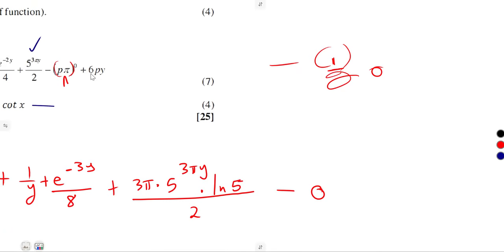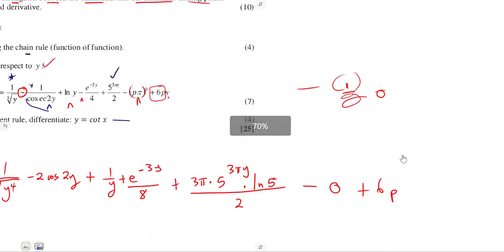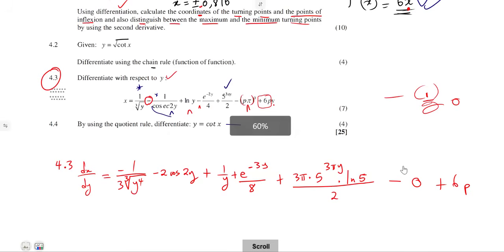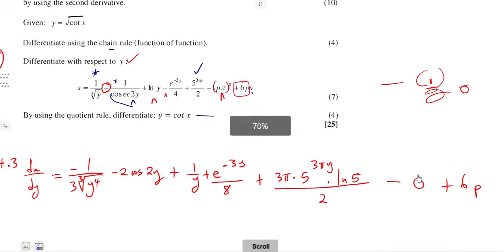Okay, 6py with respect to y, so you're just going to take the constant that is multiplying y there, which is what? 6p, the coefficient of y. It's linear, remember. So with linear, you do not work with a lot of things. Just consider that part.